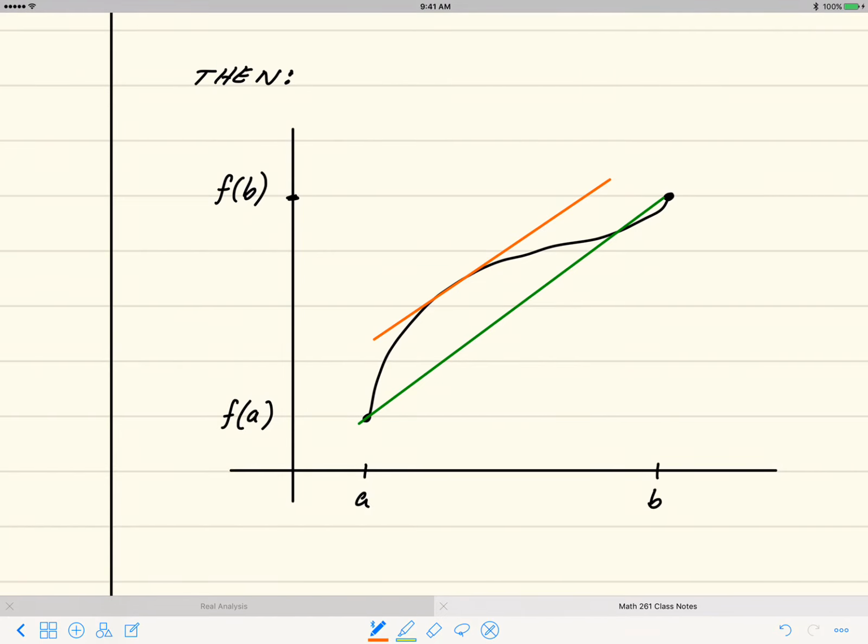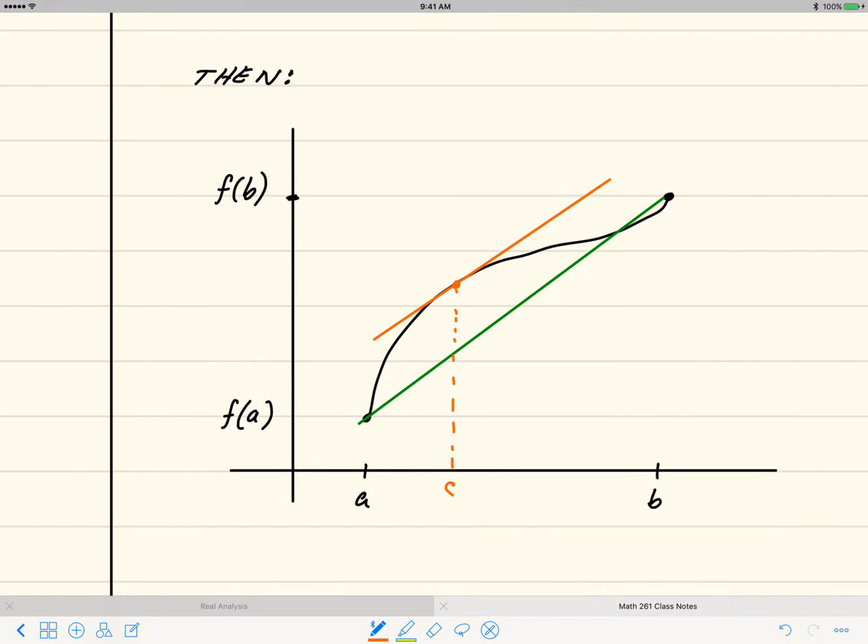So there is a special point here. And let me trace that point down here. There is a point here. That's a tangent line. And the green one is a secant line. And these are parallel. That you can always do this is what the mean value theorem says.